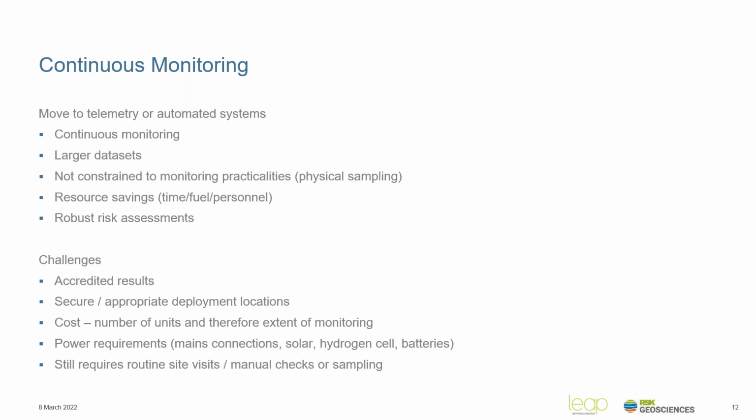But actually, if you use them smartly, I've used it on a project where we had 18 monitoring points. So surface water was taken on a weekly frequency from 18 locations. But what we didn't know was what was happening outside of that time frame, because we were looking at a misconnections study within an urban environment.